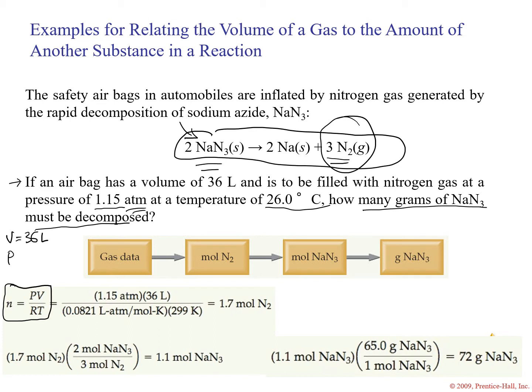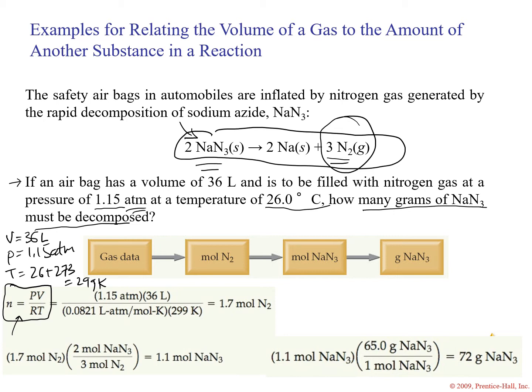We have pressure 1.15 atmosphere, and we have, of course, temperature 26, but we have to be careful. This is Celsius, so we have to add 273, which is 299 Kelvin. This gas data allowed us to apply this equation to calculate the number of moles of the nitrogen which we have to produce to satisfy these initial conditions.